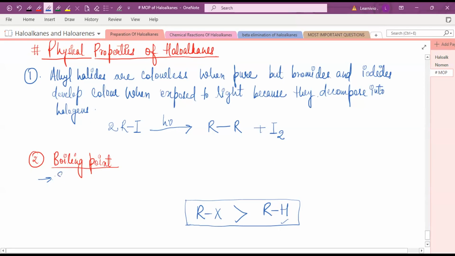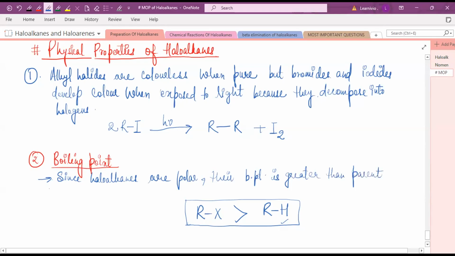Yes, ma'am. So write down: since haloalkanes are polar, their boiling point is higher than the parent hydrocarbon, and the boiling point is higher also due to larger molecular mass.